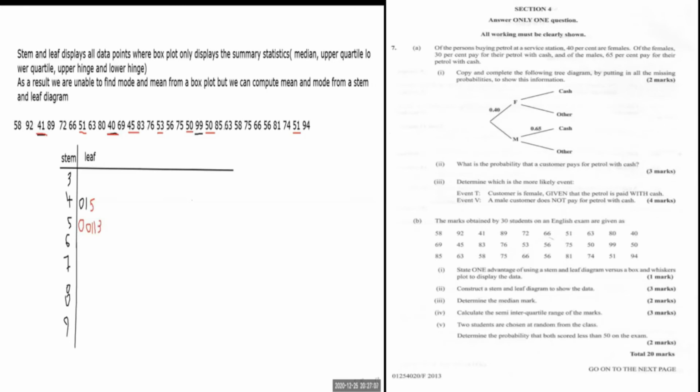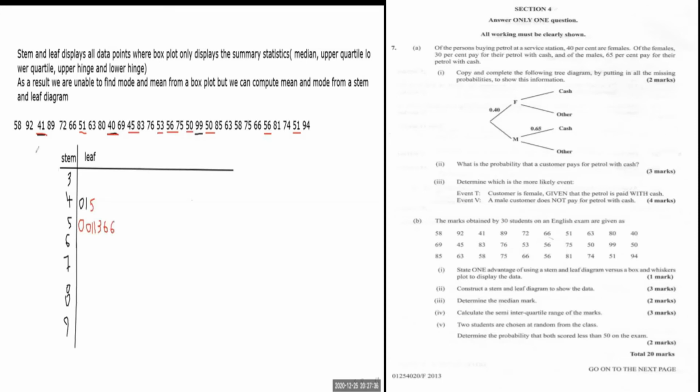No more 53. No 54. No 55. 56. Here's a 56. You can put 6 right here. Here's another 56, and put another 6 here.